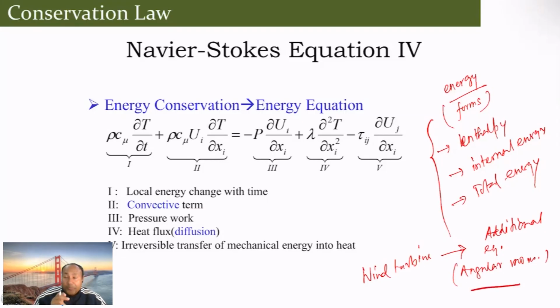If you recall, towards the beginning we were talking about the wind turbine, where the angular momentum is getting conserved. So this is also required. That means you need the basic conservation equations to solve this: continuity or mass conservation, momentum conservation, energy conservation, and angular momentum conservation.